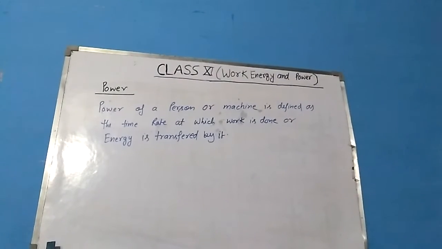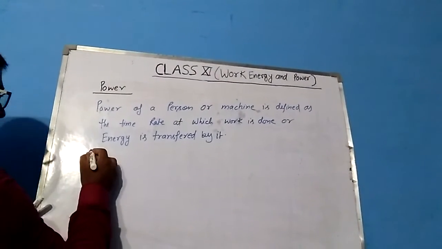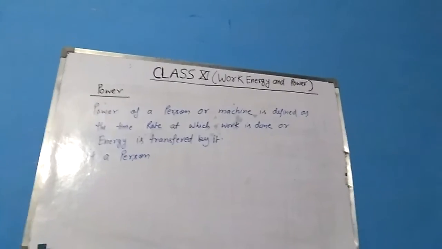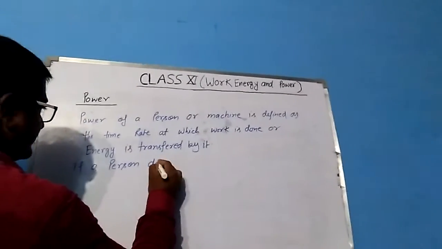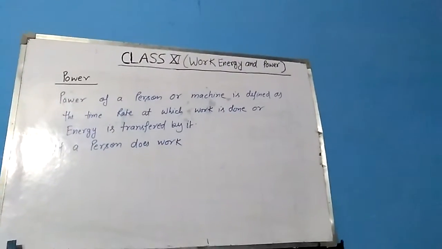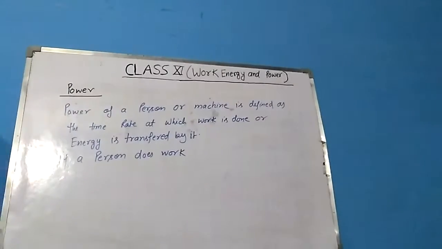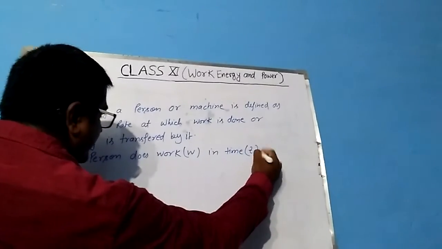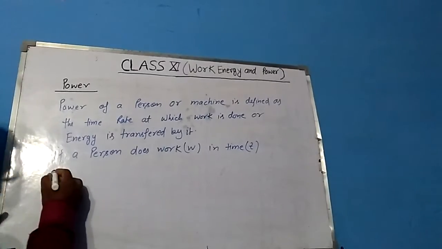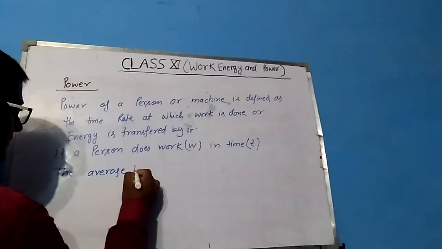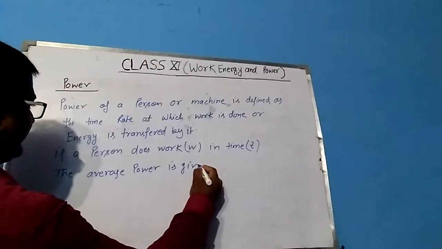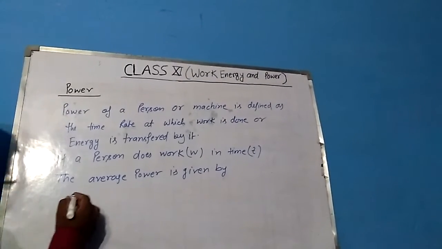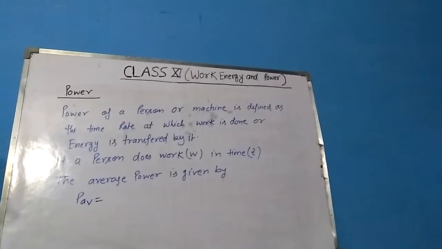If a person does work W in time T, the average power is given by the rate of doing work.